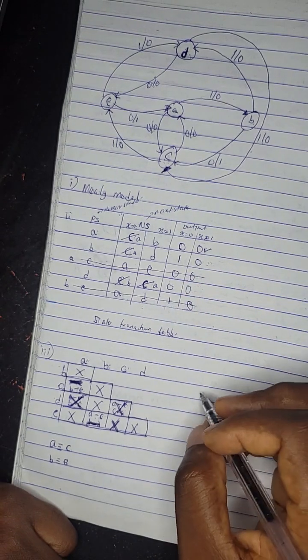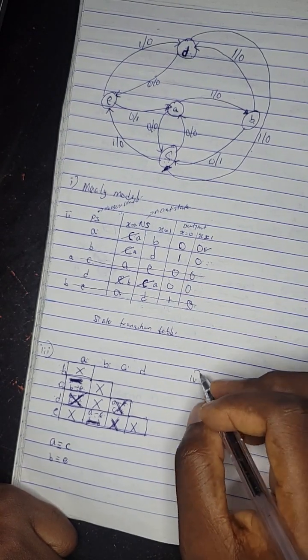So the reduced table that we are going to have, that's going to be the fourth part.